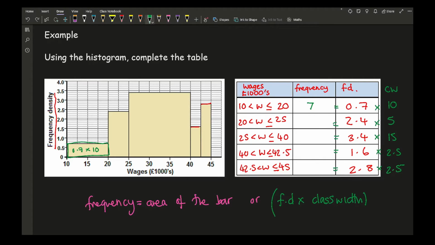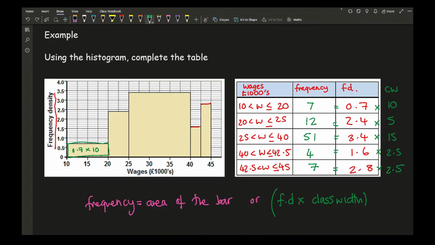If not, we just need to work it out using paper or your head. The next frequency will be 2.4 times 5, which is 12. The next one will be 3.4 times 15, which is 51, and 1.6 times 2.5, which is 4, and 2.8 times 2.5, which is 7. And there we go, we've completed our table.